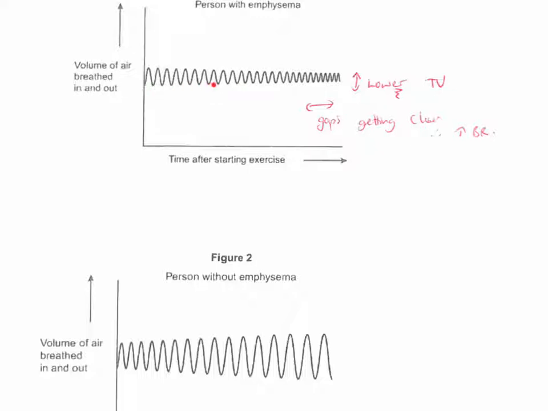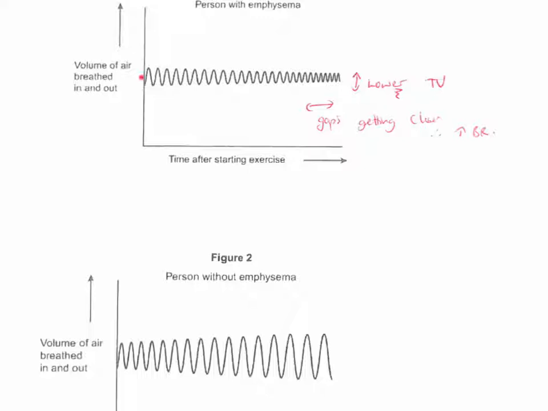You can see that the difference between the peaks and the troughs are getting closer together with someone with emphysema, whereas after carrying out exercise, somebody without emphysema, the difference between the peaks and the troughs of the tidal volume is in fact getting larger after starting exercise. And the last difference we need to look at is the gaps between the peaks, which is the breathing rate.